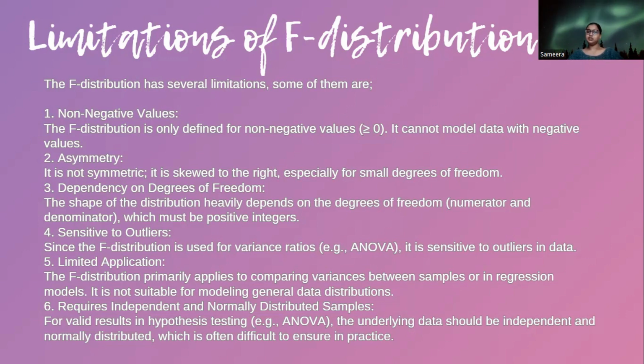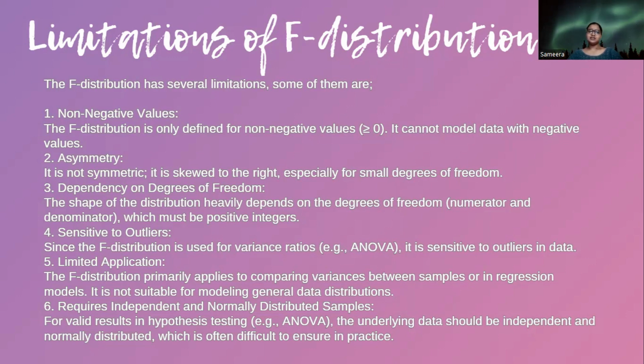Since the F distribution is used for variance ratios such as in ANOVA, it is sensitive to outliers in data. Limited applications. The applications of F distributions are very limited. They primarily apply to comparing variances between samples or in regression models. It is not suitable for modeling general data distributions of any kind.